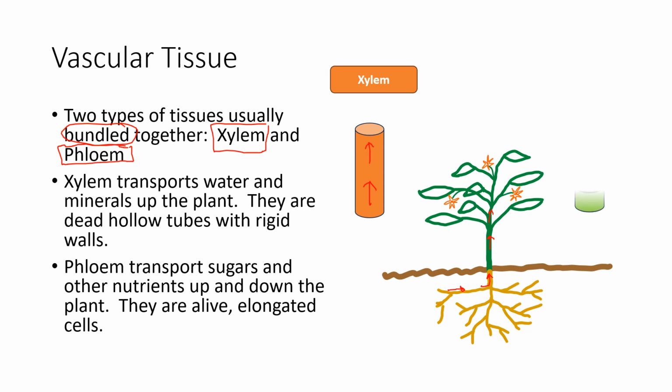The other type is the phloem. The cells that make up the phloem are still alive, and they have these sort of porous regions that connect one to the other to form tubes as well. This time, the flow of minerals or nutrients can go in either direction. You can imagine, say, some sugars being made here in the leaves and needing to travel the other way down to the root system in order to provide nutrition and energy for those cells to stay alive.